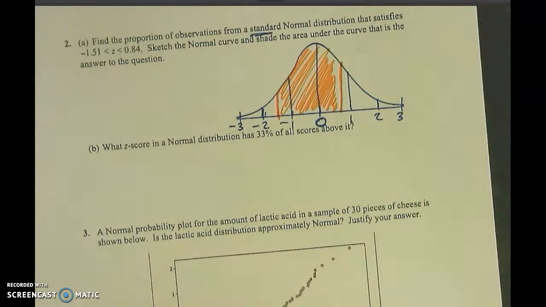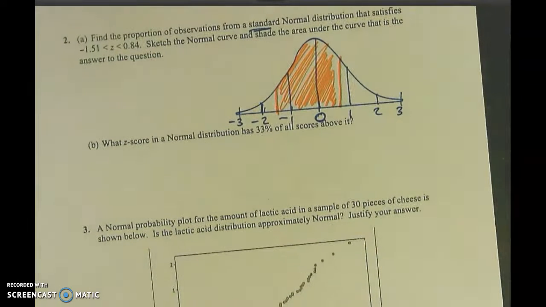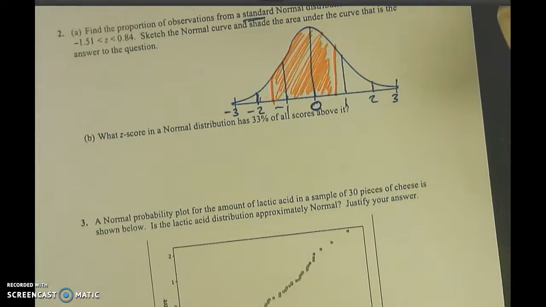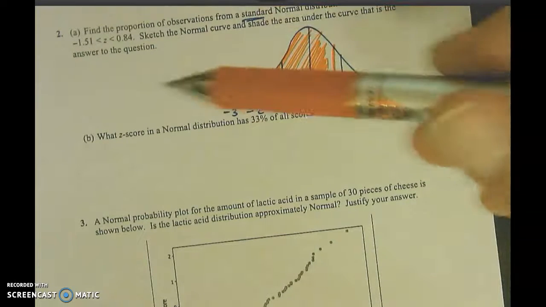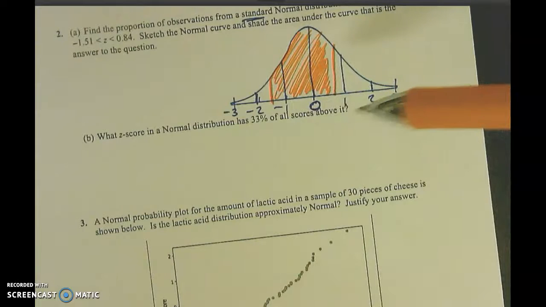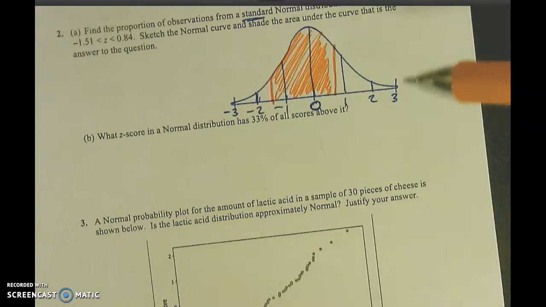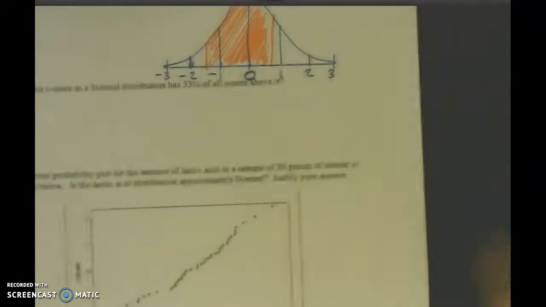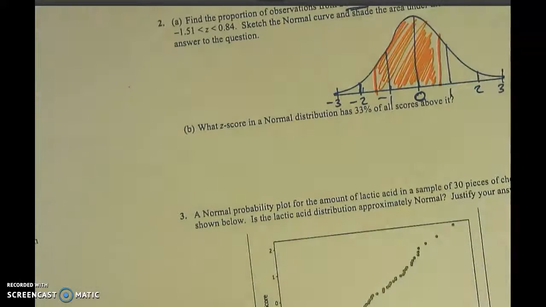Okay, what z-score in a normal distribution has 33% of all scores above it? Okay, now this is what I'm talking about. So if I was to think about this with you guys, yeah, it's got to be what? Yeah, because the 0.33 is going to be something like this, right? And so that's a right tail.